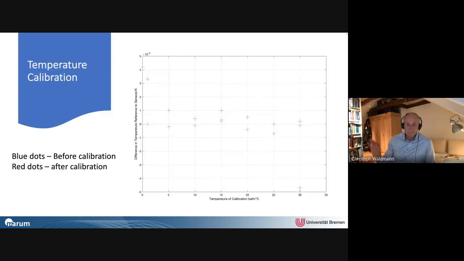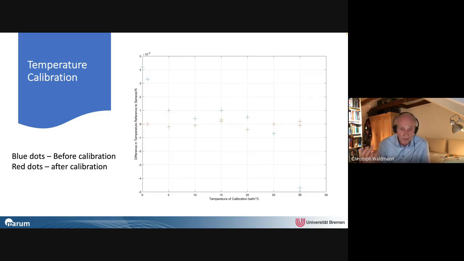All right, I mentioned the calibrations already. And first of all, I hope you all can see what is shown here. This is just the result of the temperature calibration. You have a calibration bath where you control the temperature, and we had it controlled between 0 and 30 degrees centigrade.